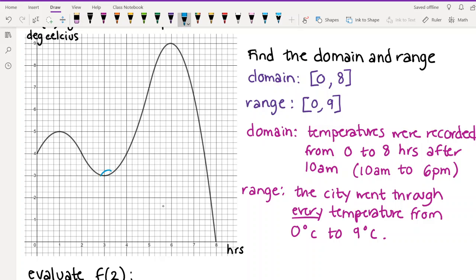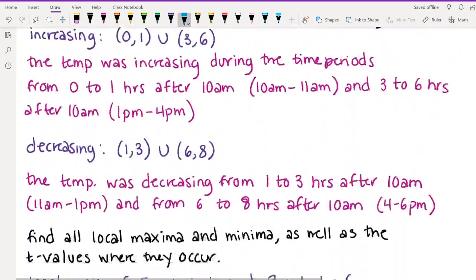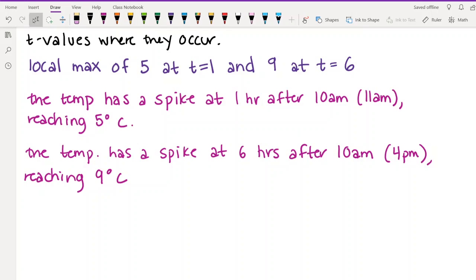Okay, last thing we have is this dip in the graph. So we have a local min. And this one, it just so happens that the x and y coordinate are the same, right? And so the local min is 3, and it happens at t equal to 3. So we have a local min of 3 at t equal to 3.